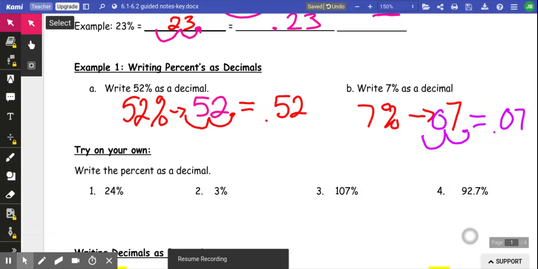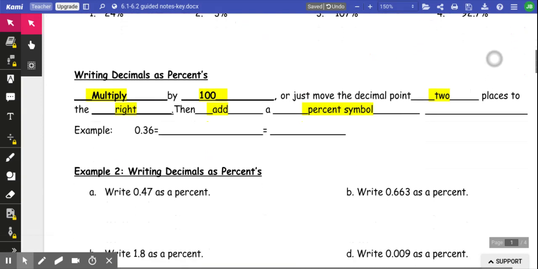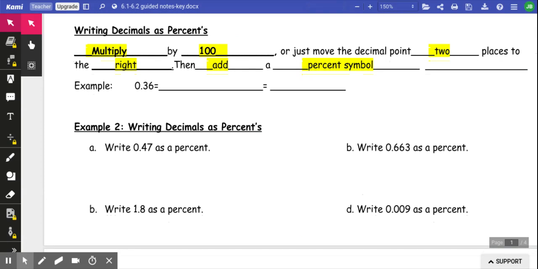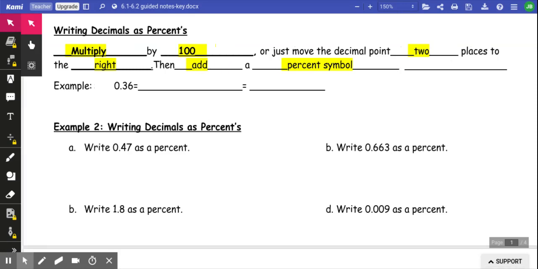All right, let's take a look at writing decimals as percents. Before we were dividing by 100, but this time we are actually going to be multiplying by 100. So we moved the decimal point to the left before, but when we're turning a decimal to a percent, we're going to multiply by 100, or you move the decimal point 2 places to the right, and then you add a percent symbol.